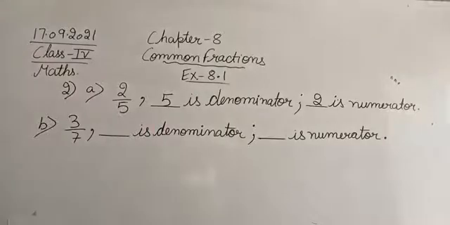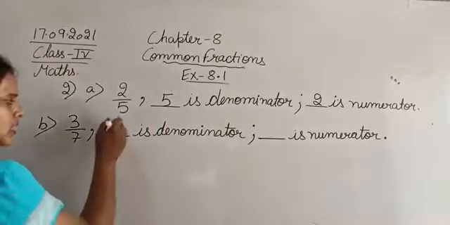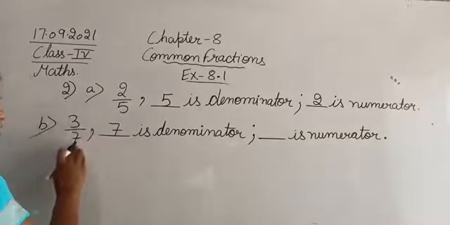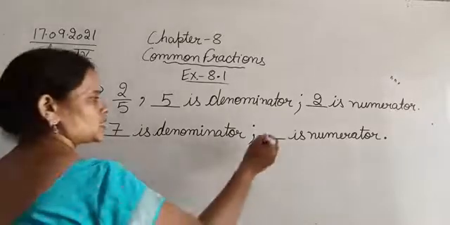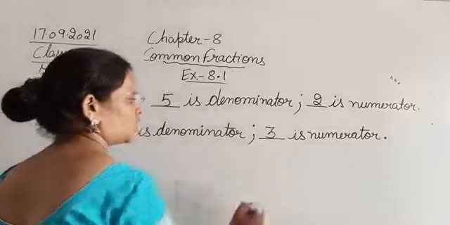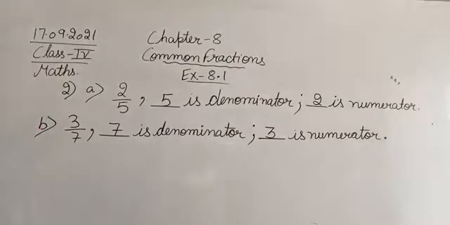So what is the denominator? That is 7. So 7 is the denominator, whereas 3 is the numerator.